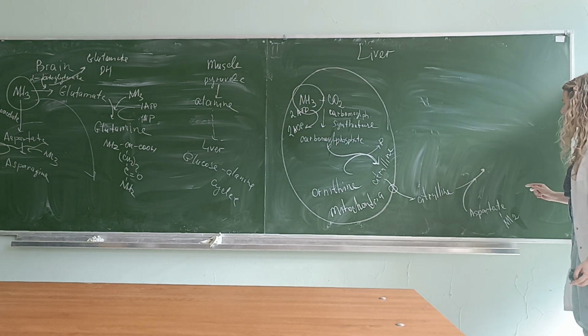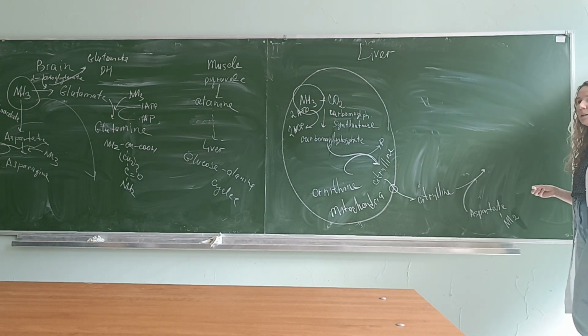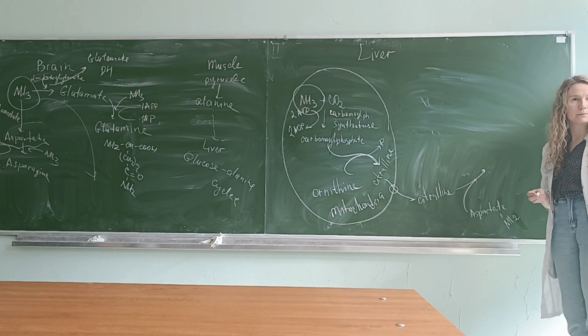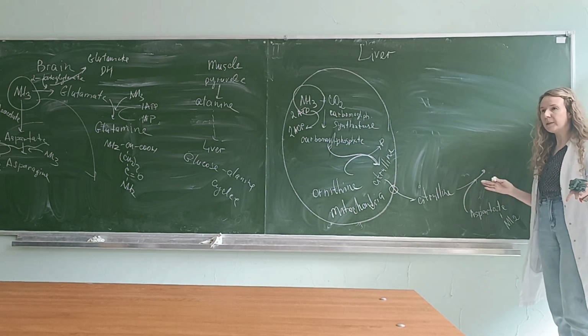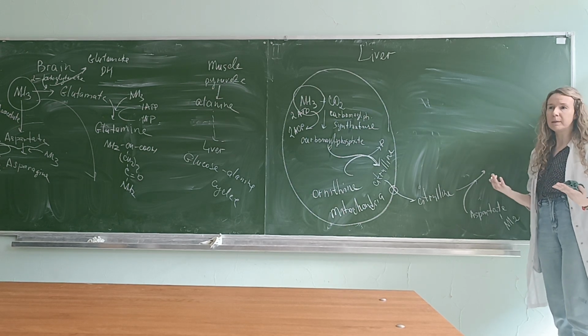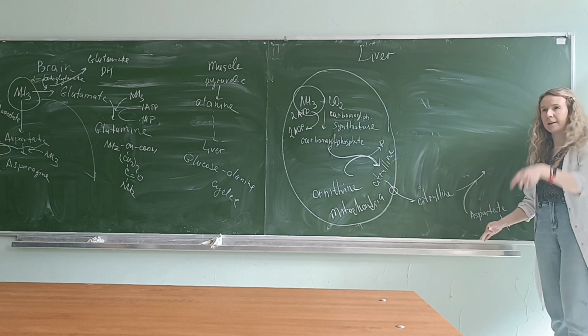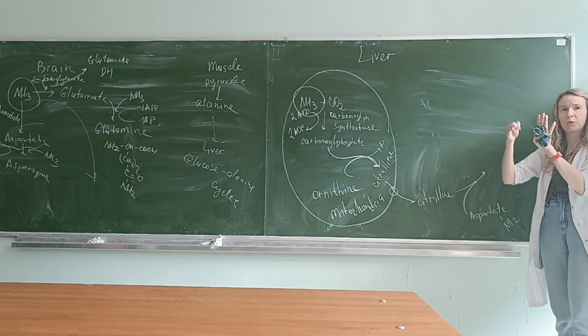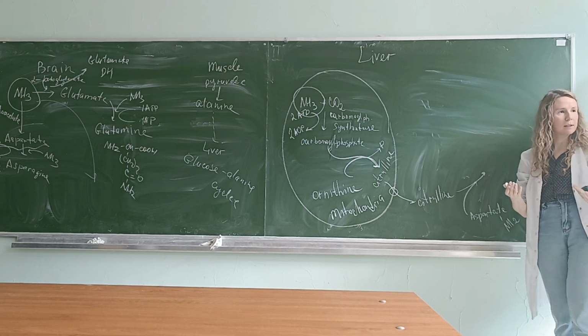So citrulline with aspartate converts into argininosuccinate. It's a difficult name, but when you see the formula, it will be very similar. You rewrite citrulline and aspartate and call this huge formula argininosuccinate.